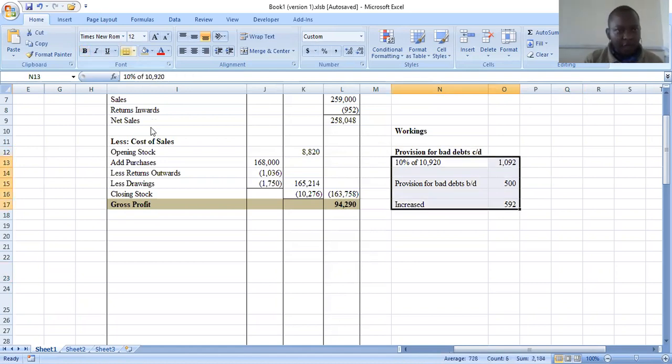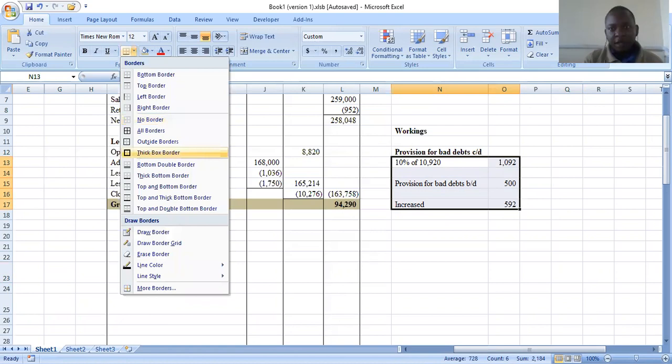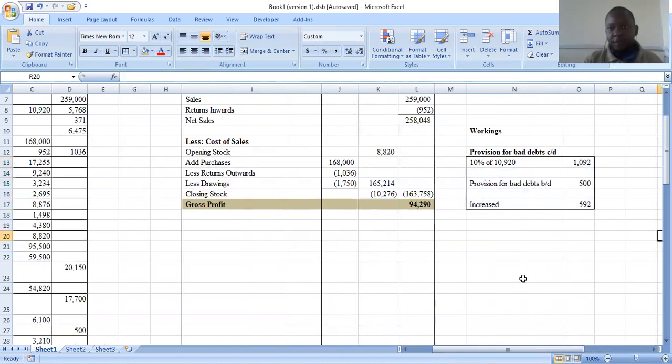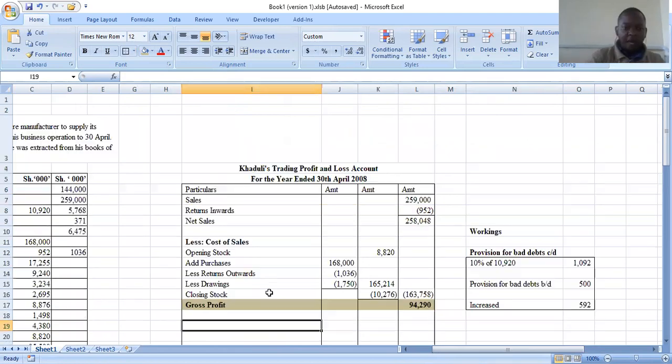So therefore, in short, for this business of Kanduli, there are no other revenues. So you only have other expenses.